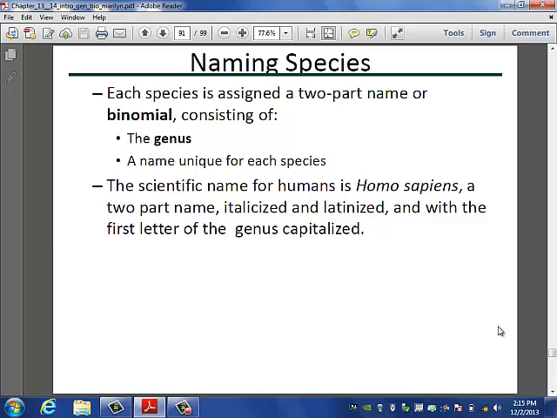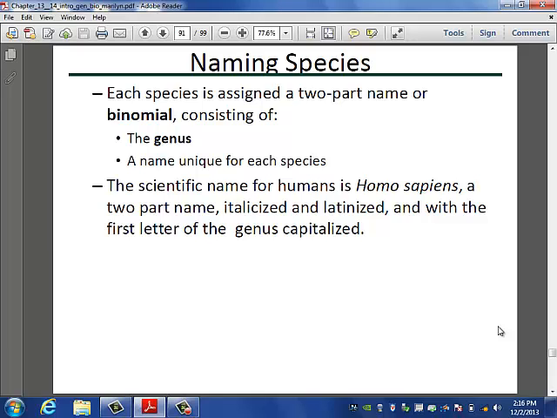So each species is assigned that two-part name or binomial consisting of a genus and a unique species name. So you are what? Your genus is Homo. Sapiens is your species.